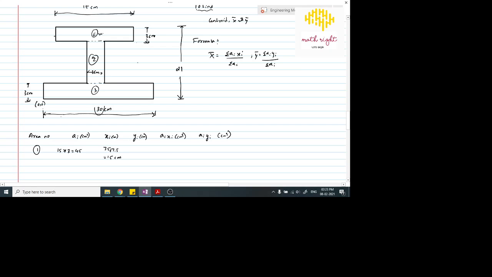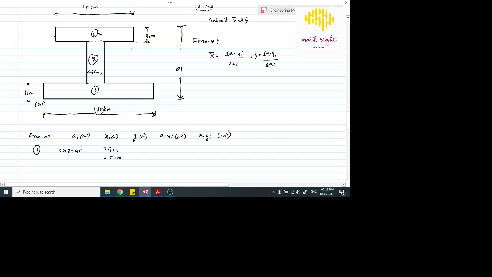Similarly y. Half of 3 is 1.5. Height, what is the height here? Total 21. Minus 3 here, so the remaining is 18.